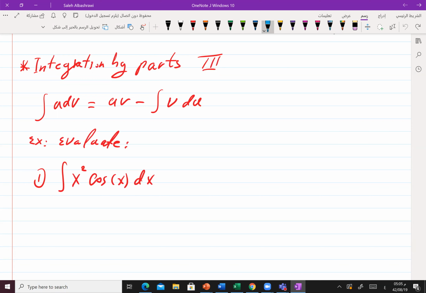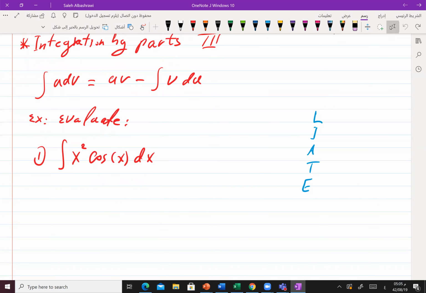Don't forget our list for choosing u. It is L, I, A, T, and E: L for logarithm, I for inverse trigonometric, A for algebraic, T for trigonometric, and E for exponential.